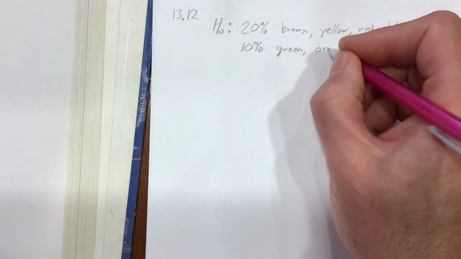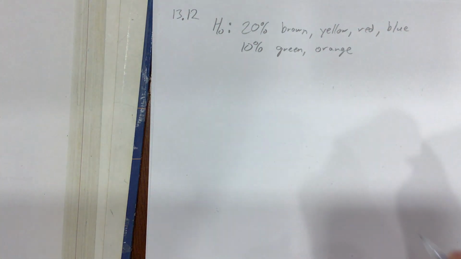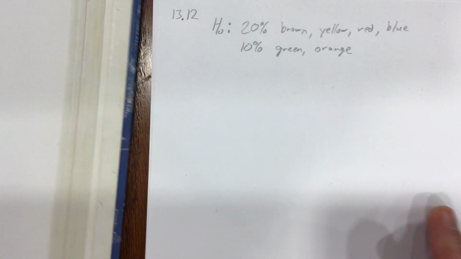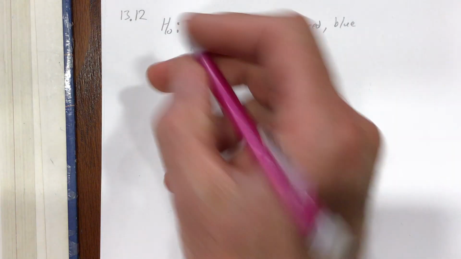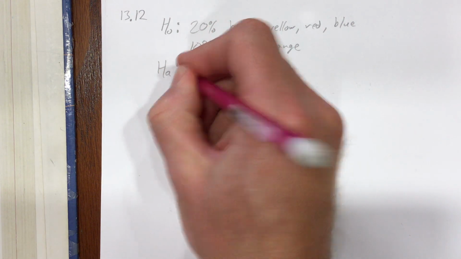Yeah, we're not gonna match that because orange is a really big count on mine. I already can see we're gonna get a small p-value. But hey, that's all that matters. We'll do the calculation, right?